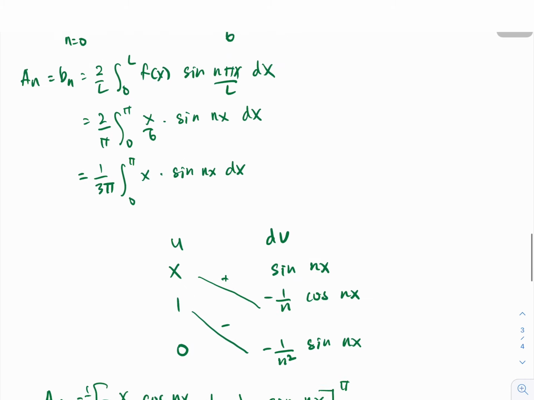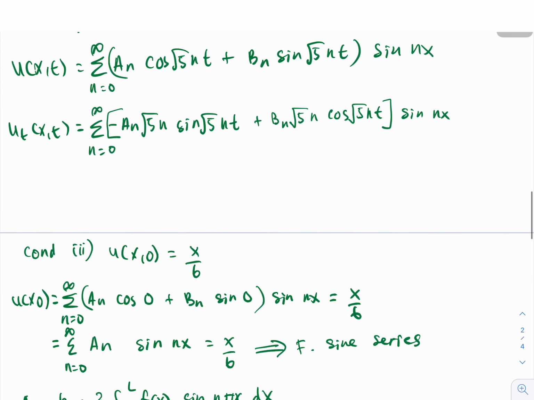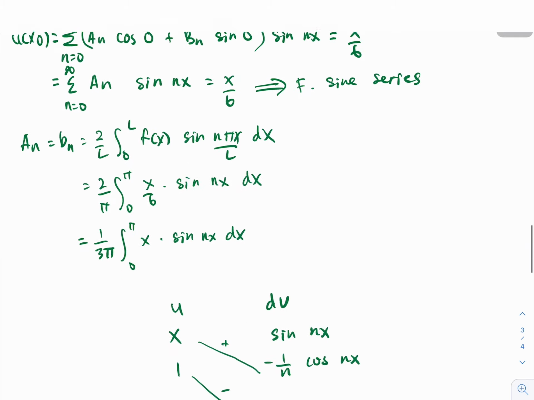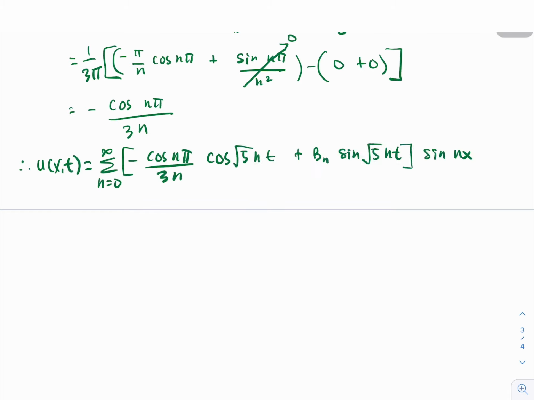Okay, so substitute again into our u(x,t). Substitute into here with our new a_n that we have obtained just now. Therefore, u(x,t), this is our latest u(x,t).